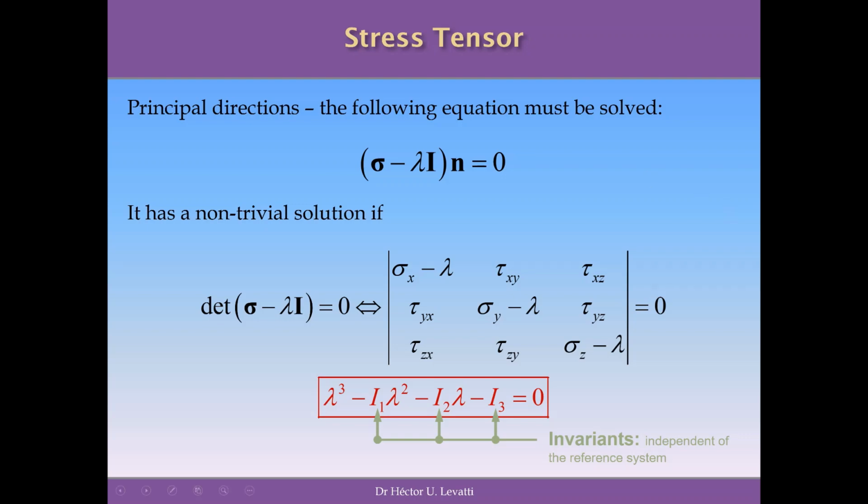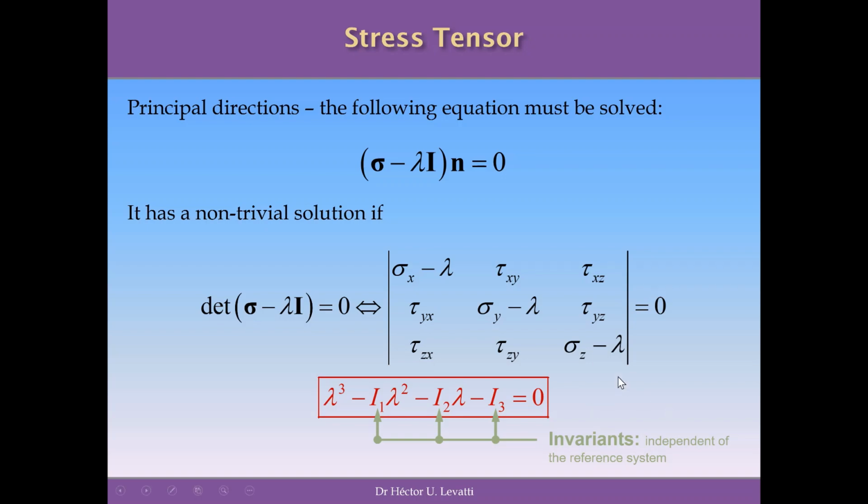But there is another set of values that are important in this equation, and these values are called the invariants of the tensor, because these values here are independent of the direction of the reference you use to represent these tensors.